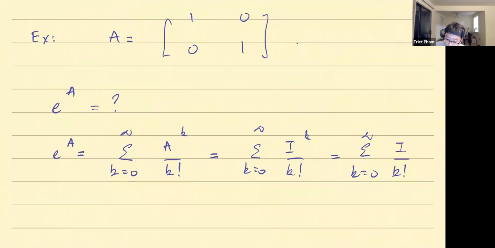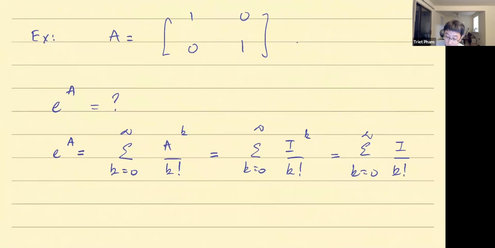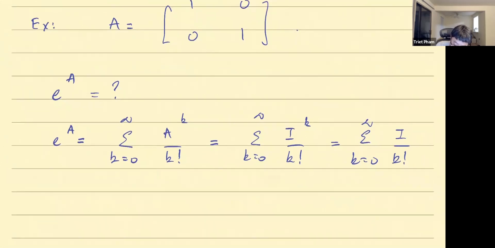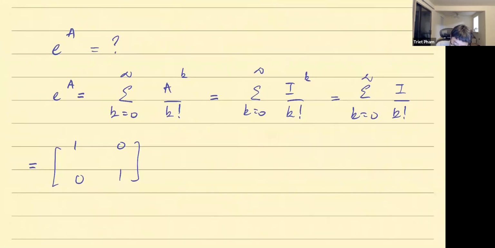So let's try to imagine what's going on with this sum. So what we have is this. You first have 1, 0, 0, 1. This is the term when k is equal to 0.